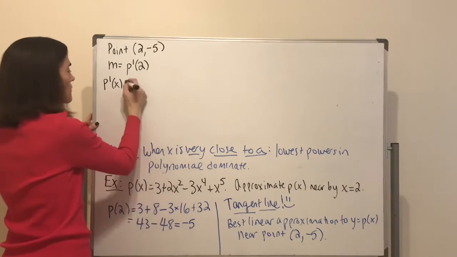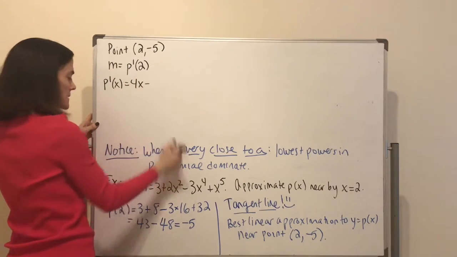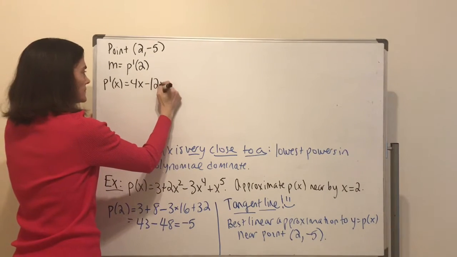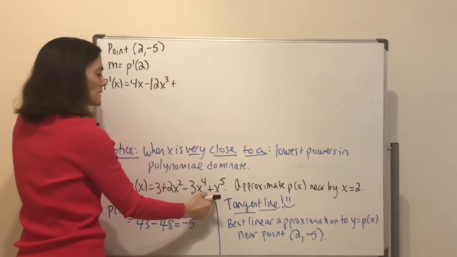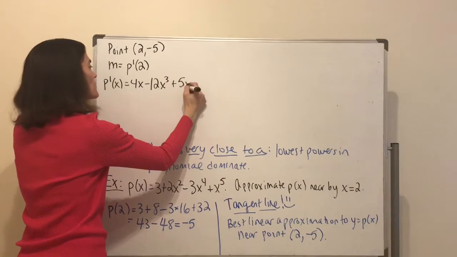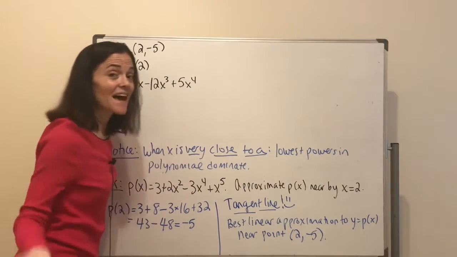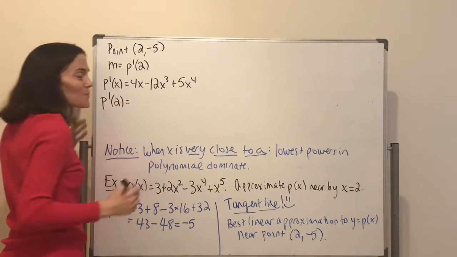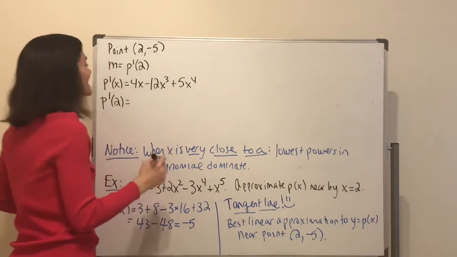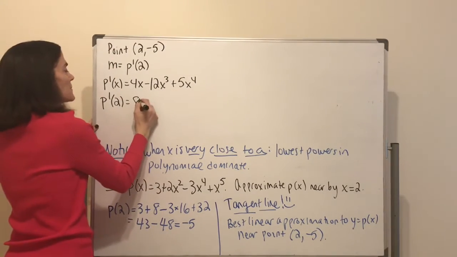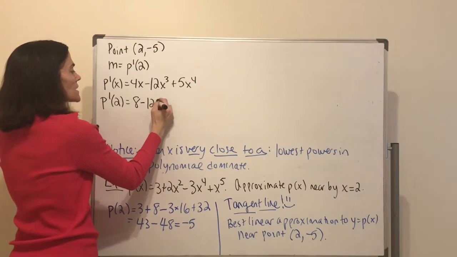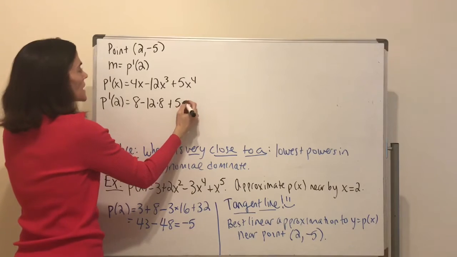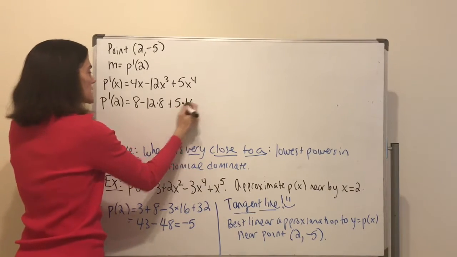Okay, here we go. 4x minus 12x cubed plus 5x to the 4th. Now let us evaluate at 2. This will give us the slope of our tangent line. Well, this is 8 minus 12 times 8 plus 5 times, well, 2 to the 4th is 16.